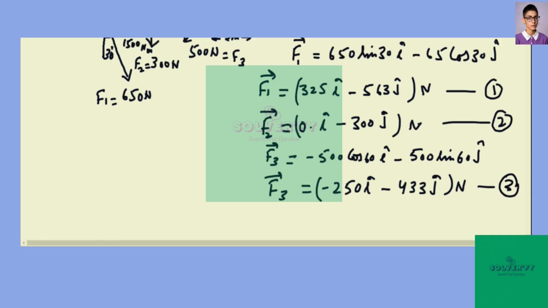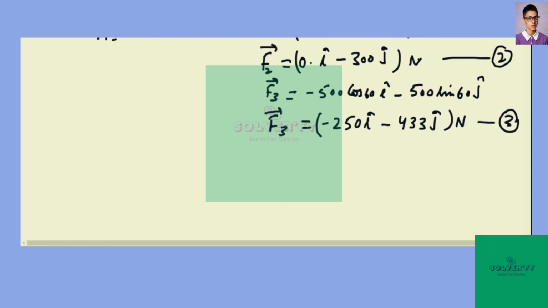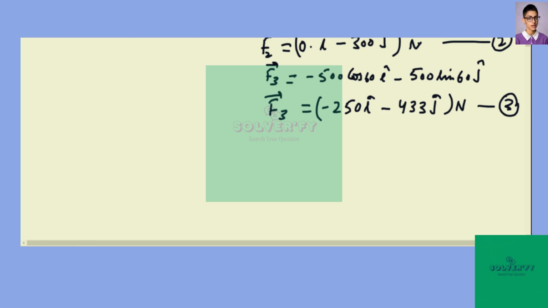So the resultant force on the beam will be the vector addition of F1, F2 and F3. Now substitute the values.